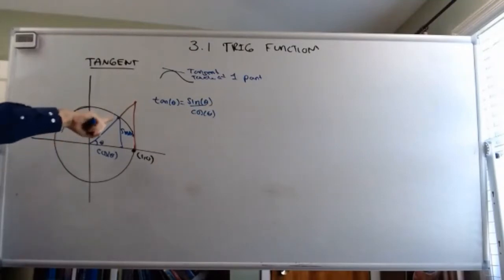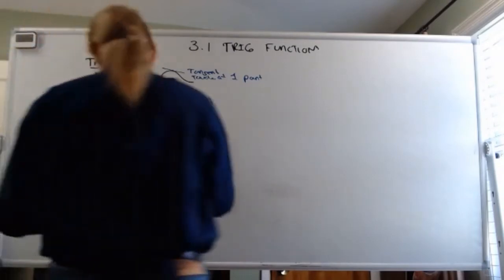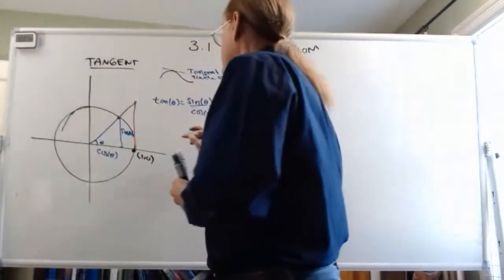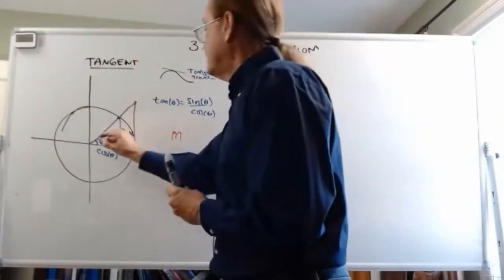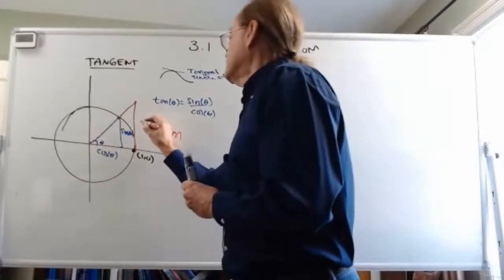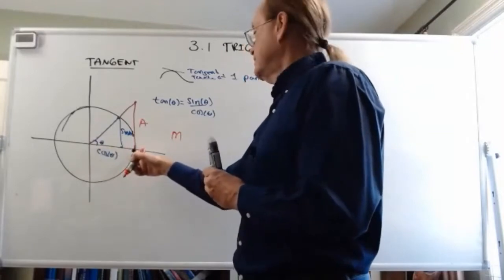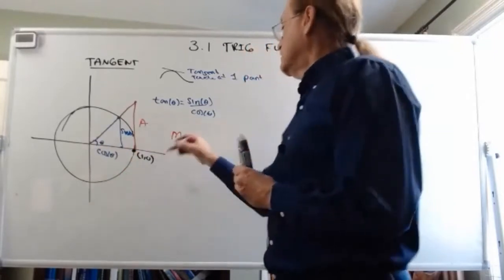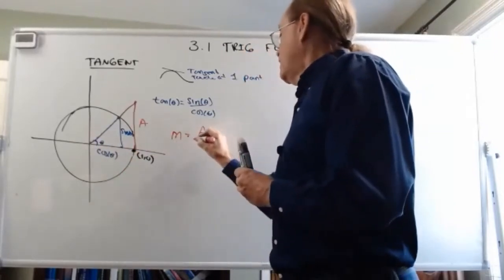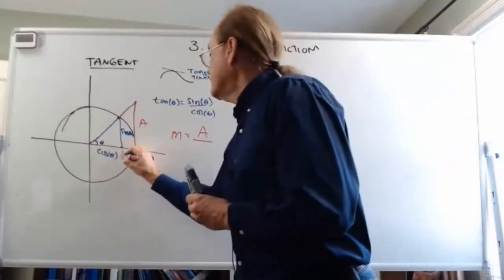Well, we know that this blue line has the same slope as that line. So this slope and that slope are the same. Well, what is the slope of this line? For the red triangle, the slope of that same line put over here now is this side, I'll call that length A, over this length here. So that slope is A over, in this case, that distance there is 1.